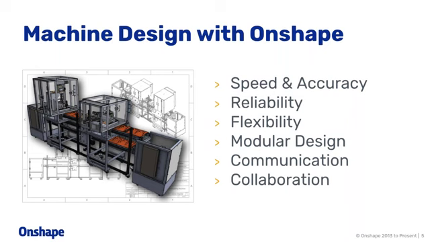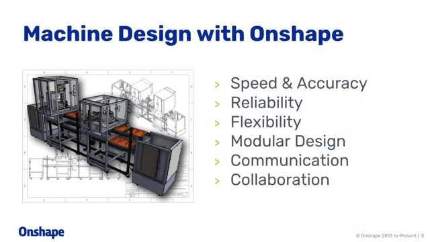Flexibility in modular design, so talking about making it easier to swap out individual components or subassemblies, or generally just to make machine design more multi-product and multi-purpose, make it more usable for the end customer. Then, of course, we talk about communication. That's communicating with your customers, communicating with your suppliers and vendors, and also collaboration. This is then working with teams. And of course, teams can be in the same office or they could be spread around the world.